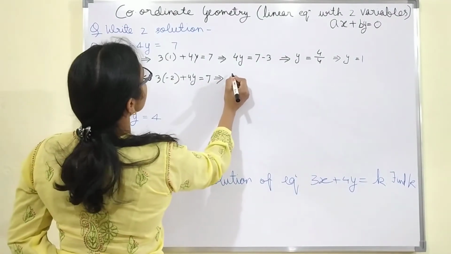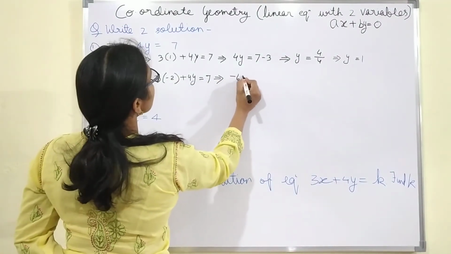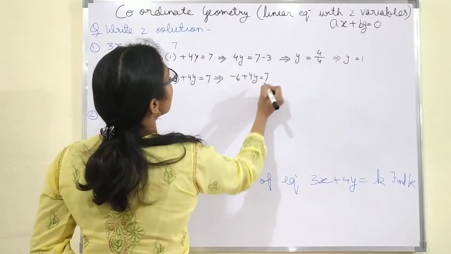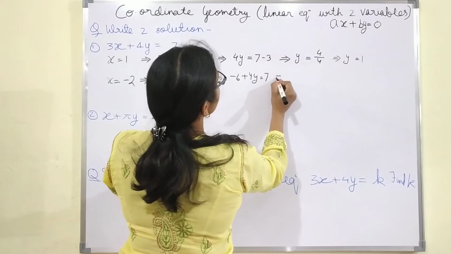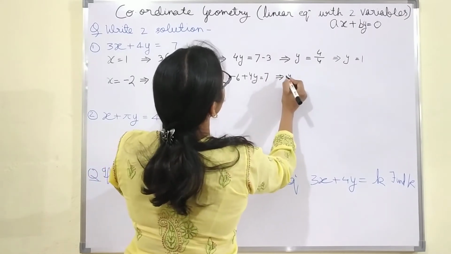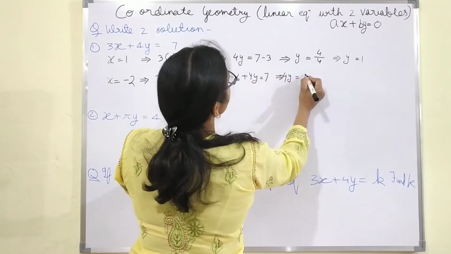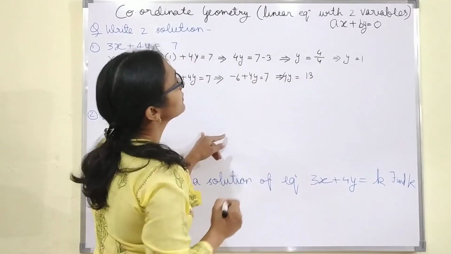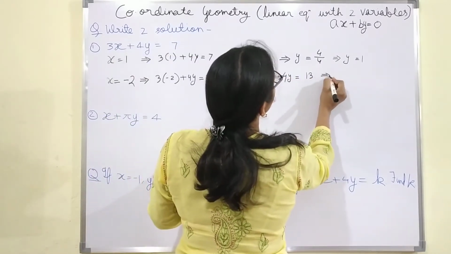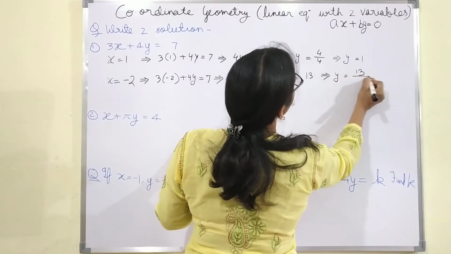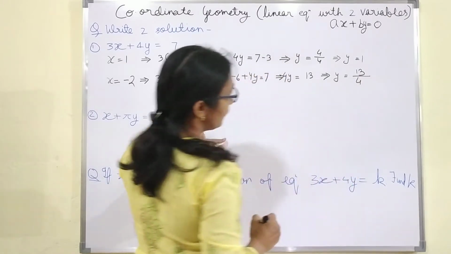That is minus 6 plus 4y equals to 7. So 4y equals to 13. So y equals to 13 upon 4.